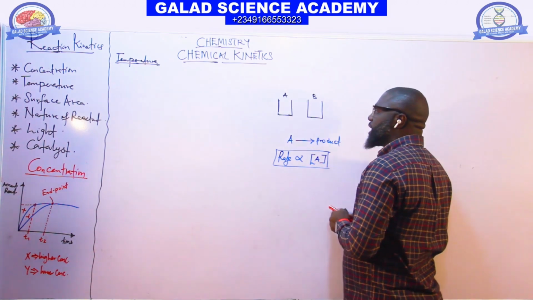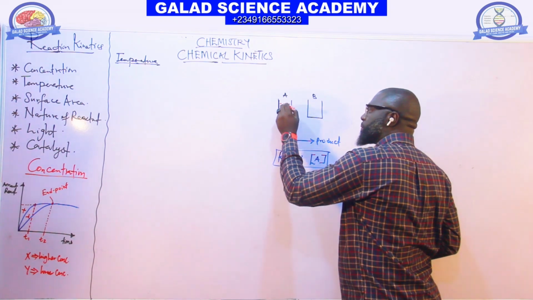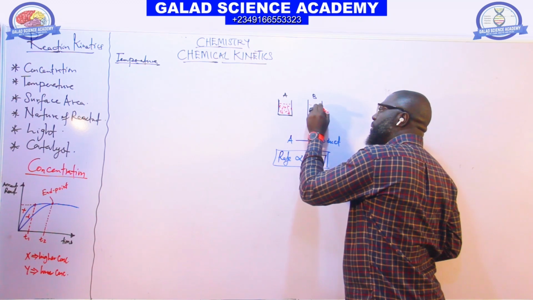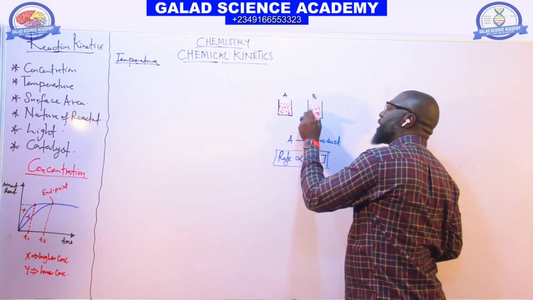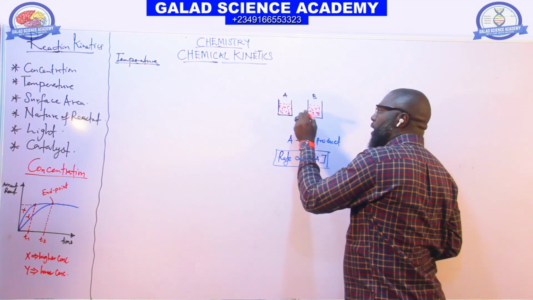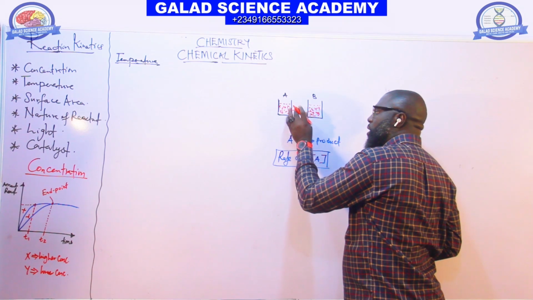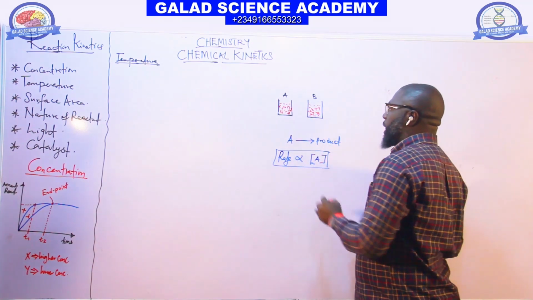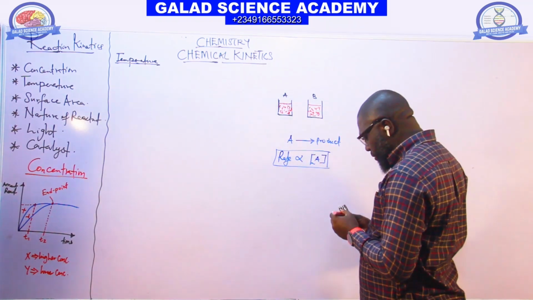Beaker A contains water, and beaker B also contains water. So we have water here and water here.